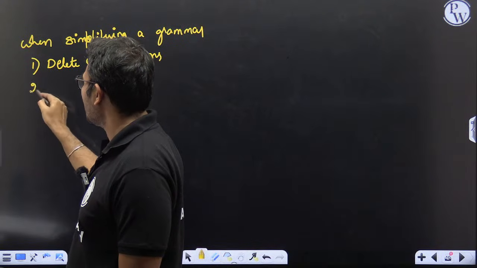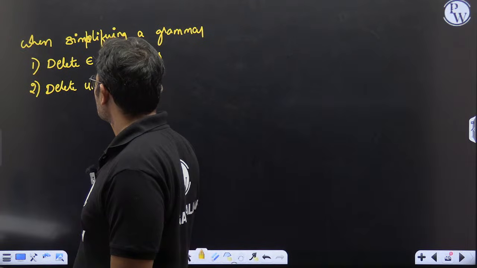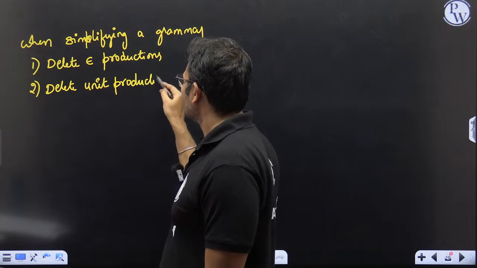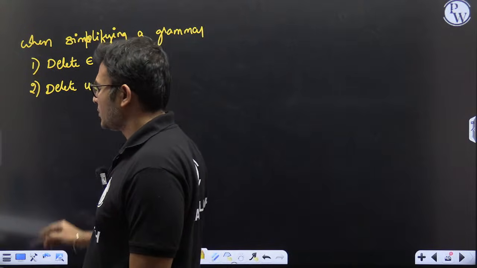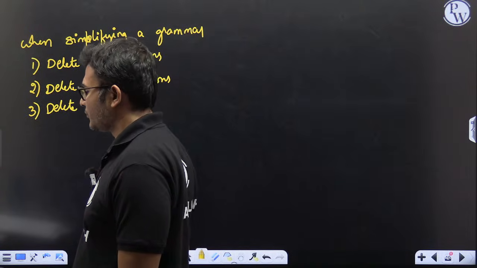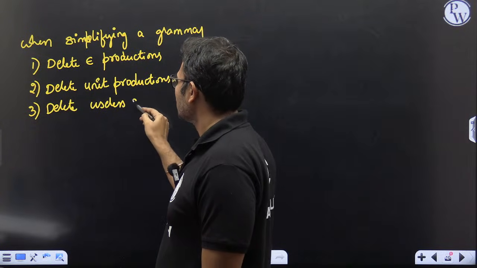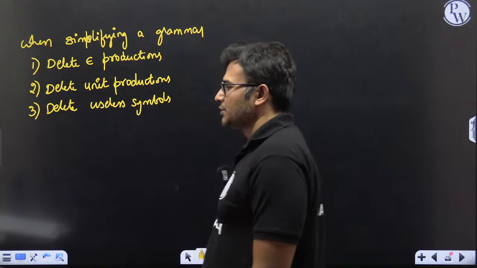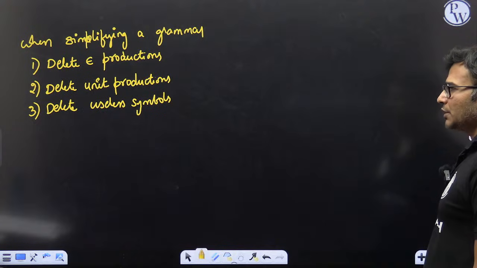The second step is delete unit productions. And the third step is delete useless symbols.